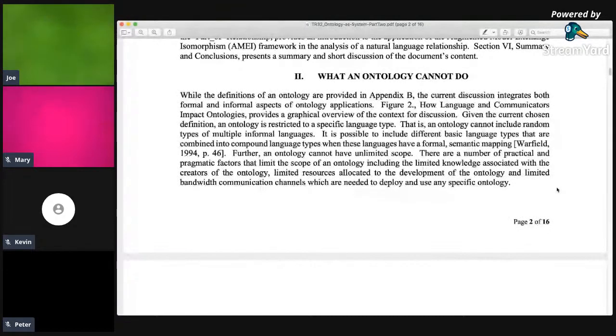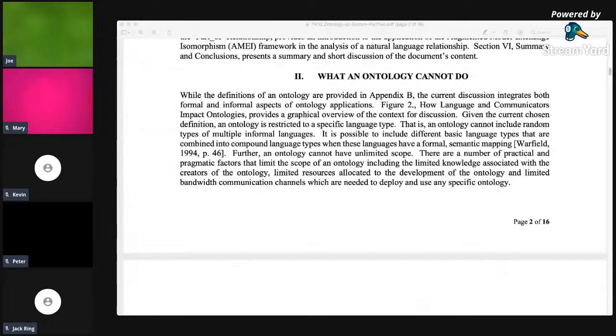Okay, so what an ontology cannot do. You can't have a total ontology that's up to date all the time. There's going to be some kind of lag, and that lag means there'll be a difference between what people in the community are actually using and the documented formal ontologies.